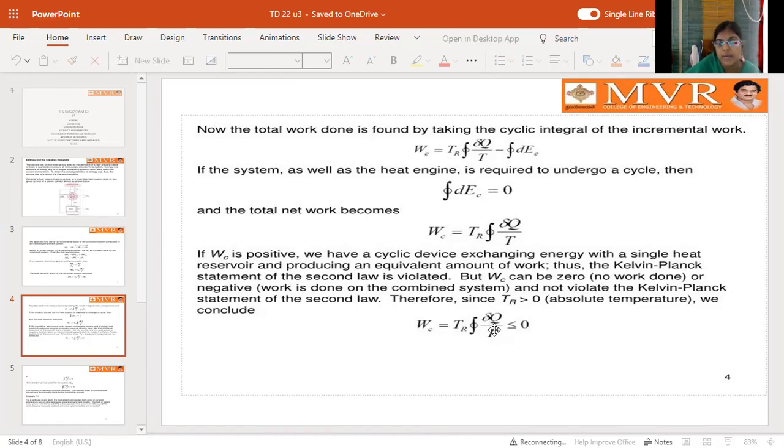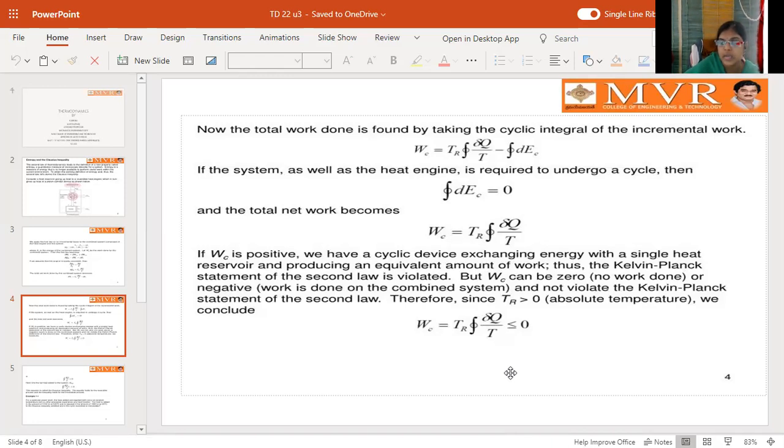But our absolute temperature TR is greater than 0. Finally, our combined work done is equal to TR into the cyclic integral of del Q by T, less than or equal to 0.